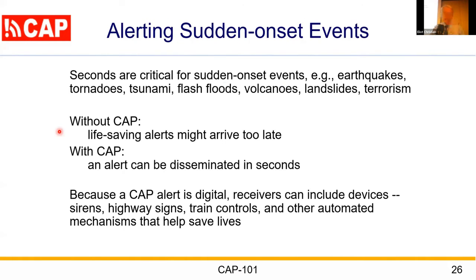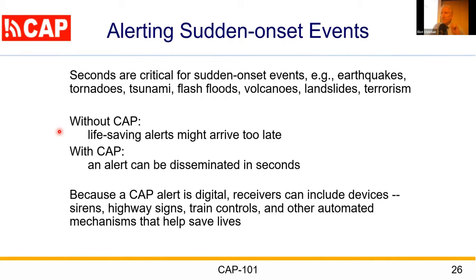Now, some types of hazard occur so suddenly that seconds mean the difference between a timely life-saving alert and an alert that just arrived too late. Examples: earthquakes, tornado, tsunami, flash floods, volcanoes, landslide, terrorism.